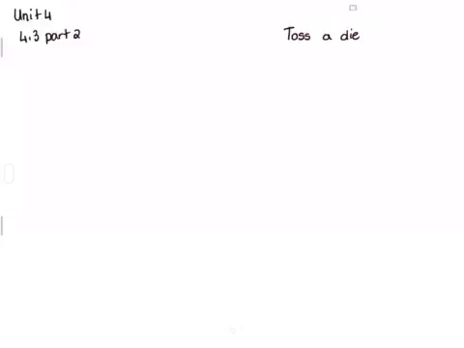I'm going to call these events. Event A is get a prime number. So event A consists of 1, 2, 3, and 5.